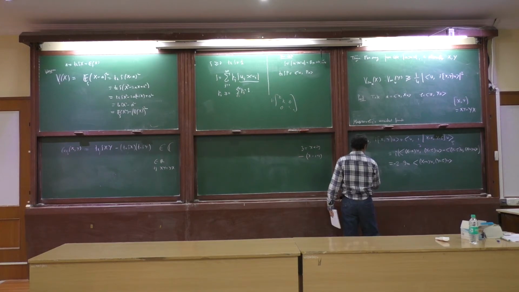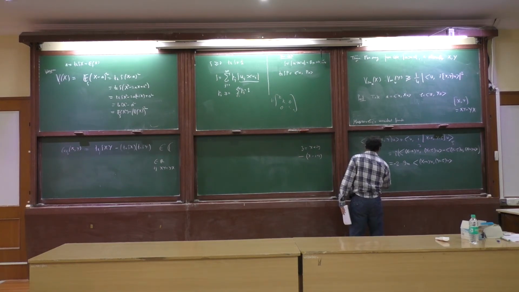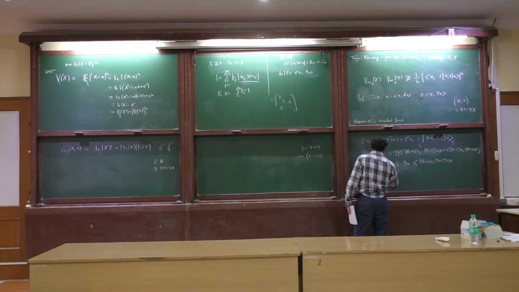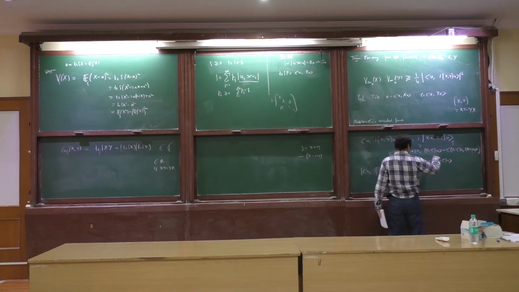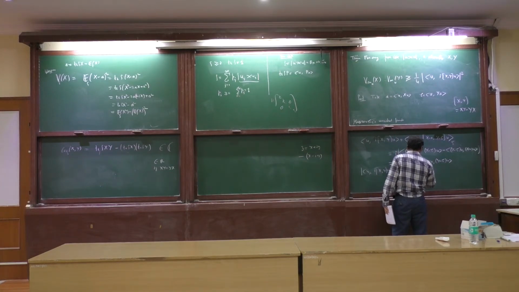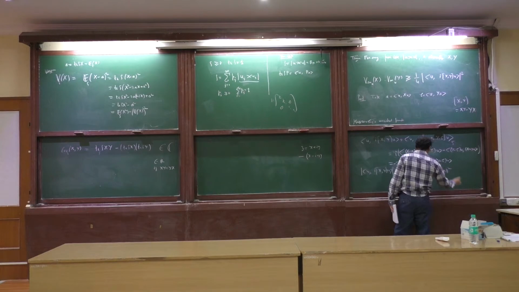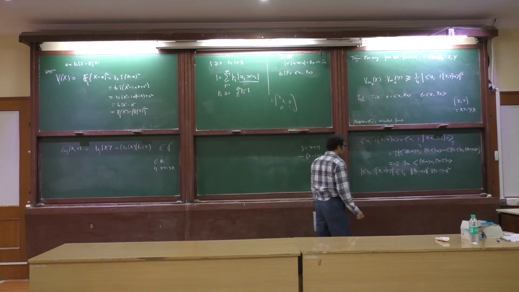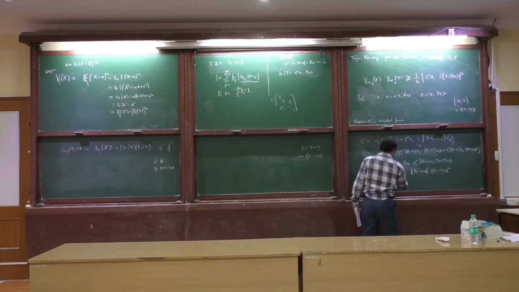Now we can take Cauchy-Schwarz and you will see that it will give you 4 times the norm squares of this. Bring the 4 to this side, you will get 1 by 4, and this is just the variance.